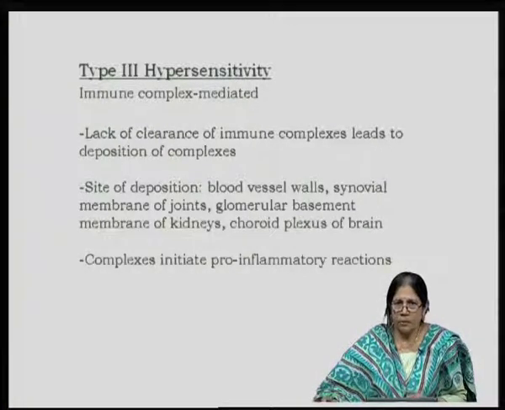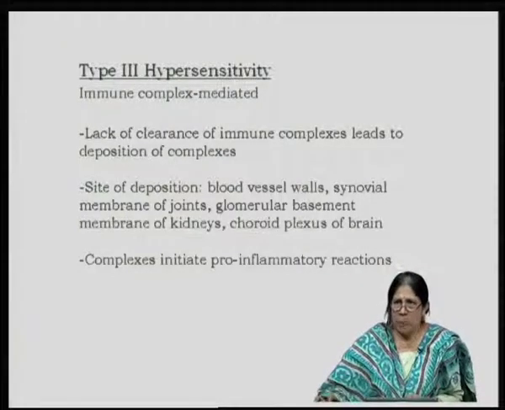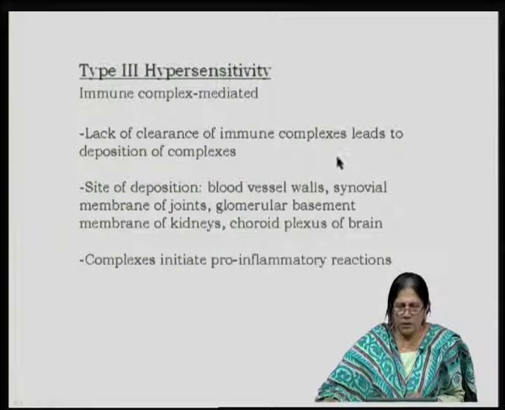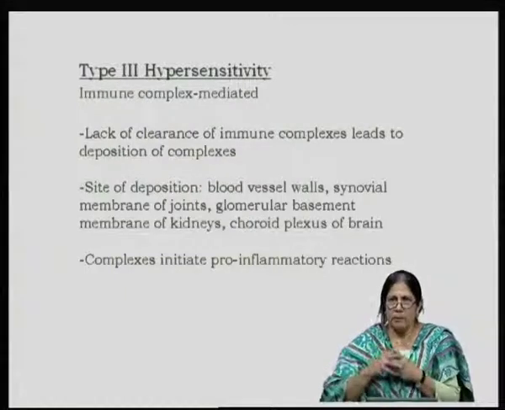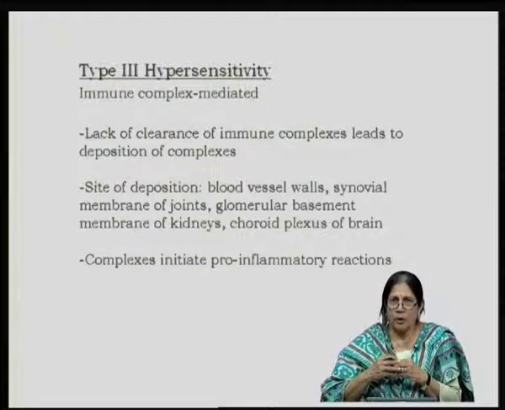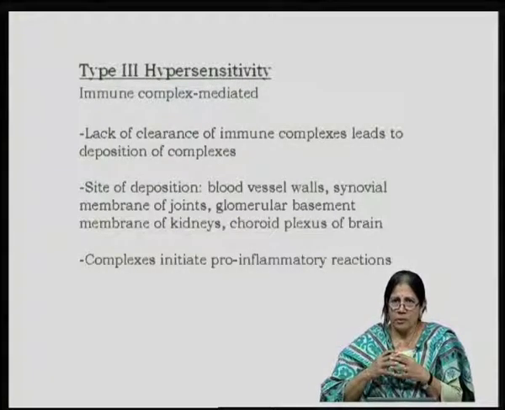Now, this can only happen in unusual cases. For example, when there are antibodies present in the person, and now a large amount of antigen is injected. Let us look at what happens then. There has to be an optimum antigen antibody interaction which will give rise to large complexes.